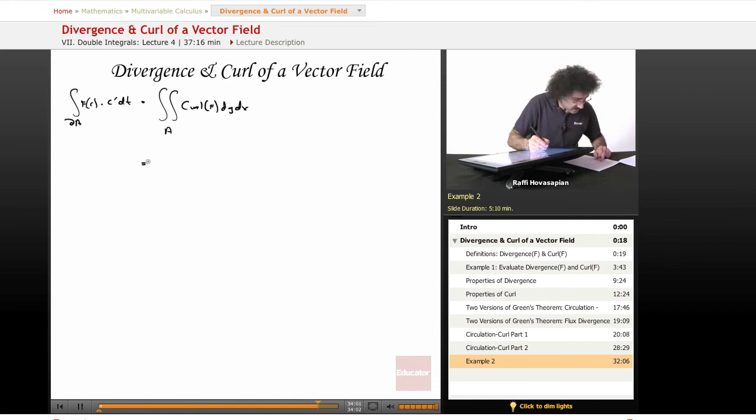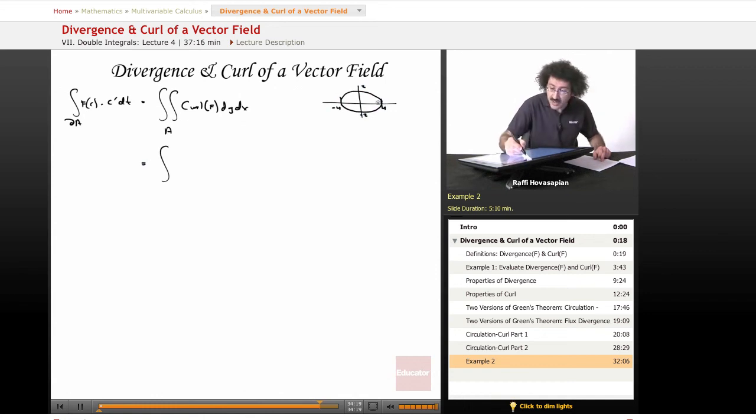Well, this is going to equal, let me go ahead and draw this region here. This is an ellipse, like that. This is minus 4, this is 4, this is 2, this is minus 2.